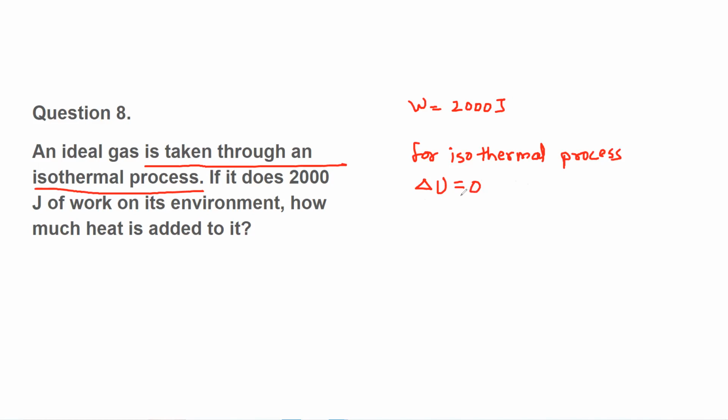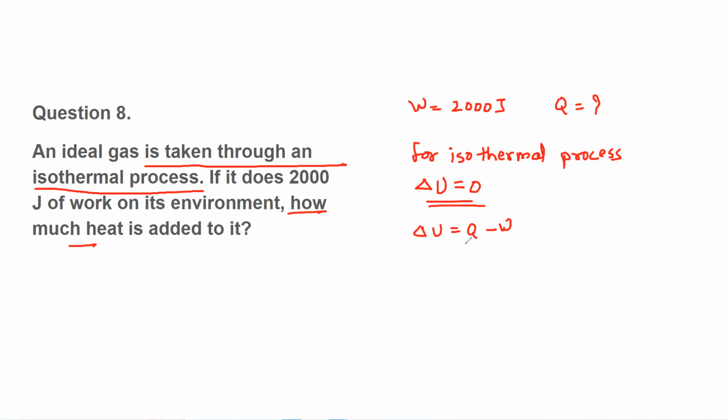If you know this, then you can solve this theoretical question easily. So for isothermal process, there is no change in internal energy. And according to first law of thermodynamics, del U is equal to Q minus W. And here, how much heat is added to it is mentioned. So Q is equal to question mark.